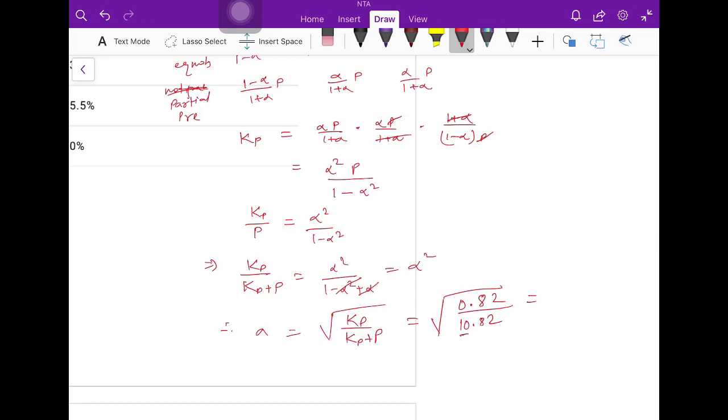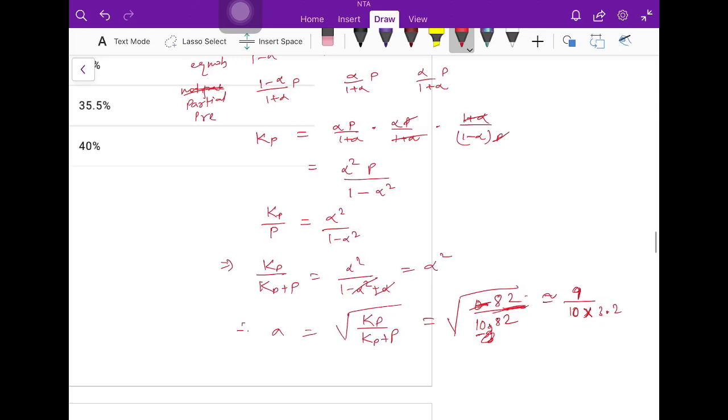So alpha at 10 atm will be under root of 0.82 upon 10.82. Let us make it 82 and 1082. So the numerator is approximately 81, and root of 81 is 9, which is an approximation. For 1082, this is approximately 100 into 10, so root of 100 is 10, and root 10 is around 3.2. So we get a value that is less than 3.